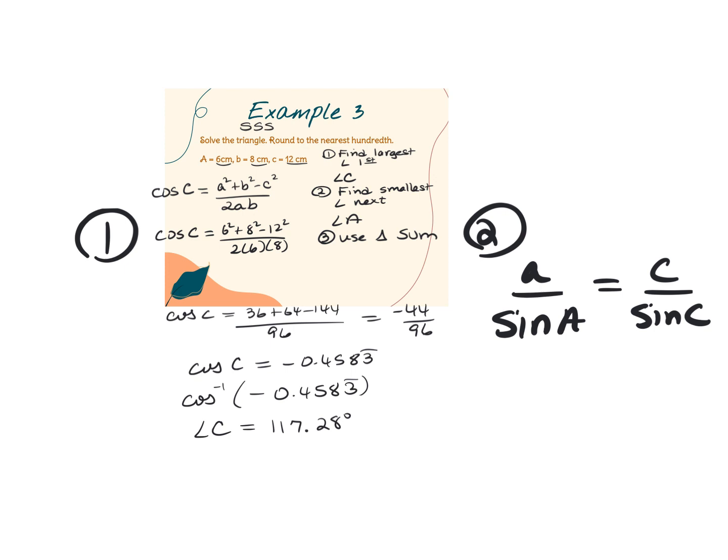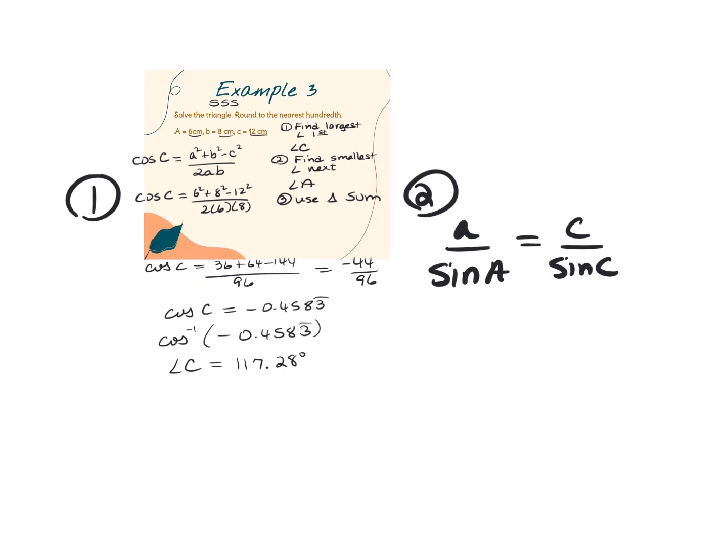What's important with the sides is that you find the biggest angle first. Technically, it doesn't matter what you find second, but in the side angle side scenario, it matters. So let's go ahead and fill it in.